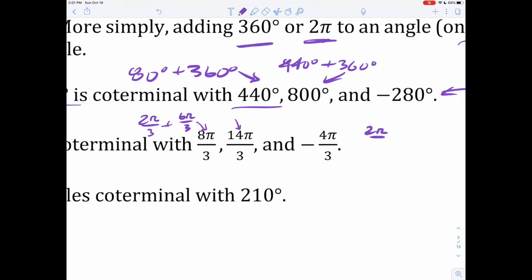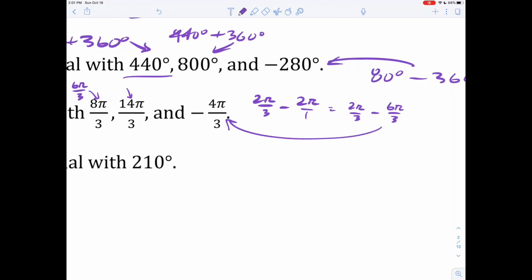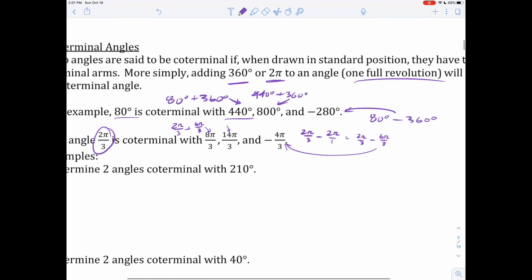Or if we take 2 pi over 3 and we subtract 2 pi, which is the same as 2 pi over 3 minus 6 pi over 3 for that common denominator, then we'll get over here. So we can always add or subtract 360 degrees or 2 pi to get something coterminal.